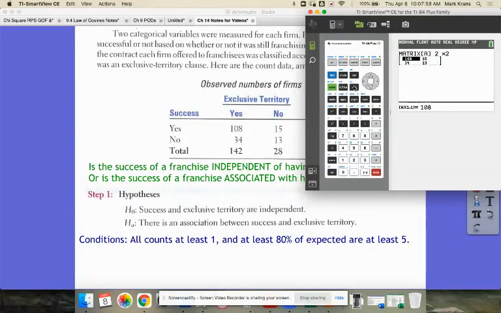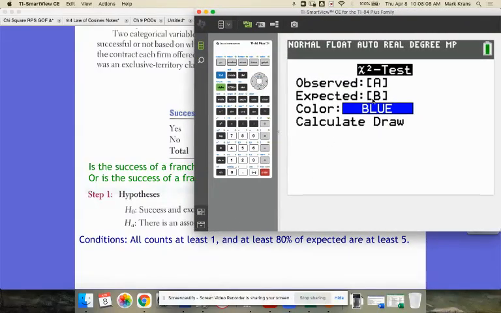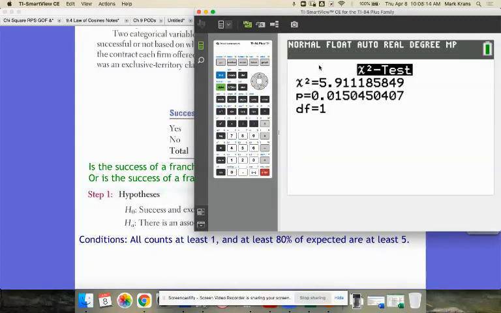Then I can go to stat tests and do my chi-square test. It will calculate for me. I made my observed matrix, and you just saw me make it. It will create my expected in matrix B, and I can go look at it later to see the expected values. My chi-squared value is 5.9.